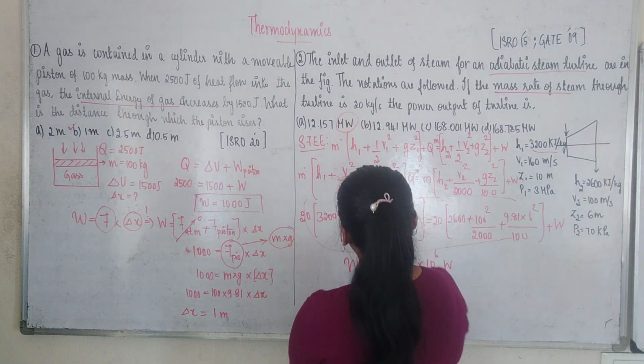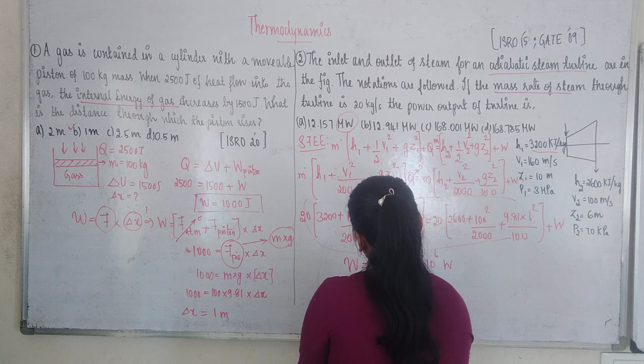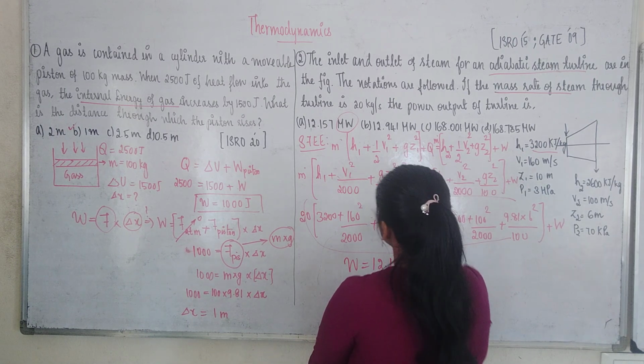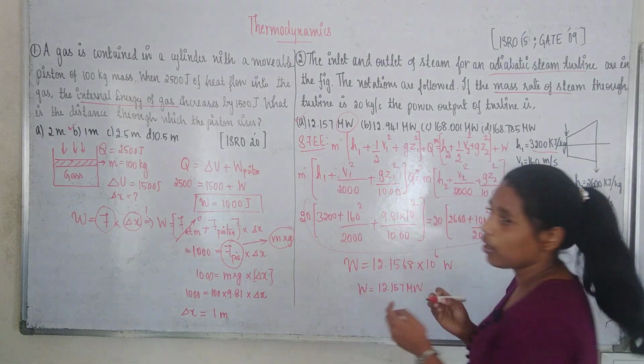To calculate into megawatt, W is equal to 12.157 megawatt. So option A, 12.157 megawatt.